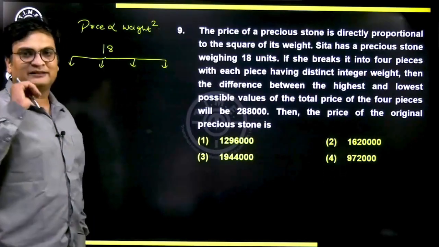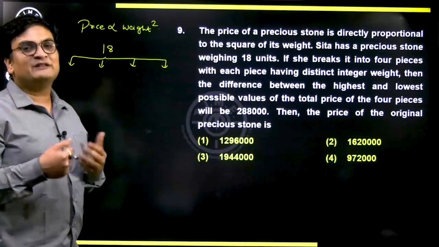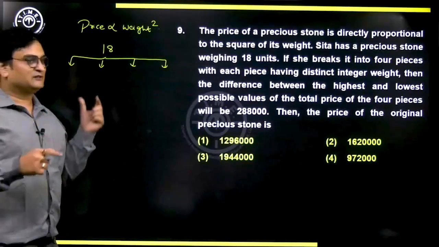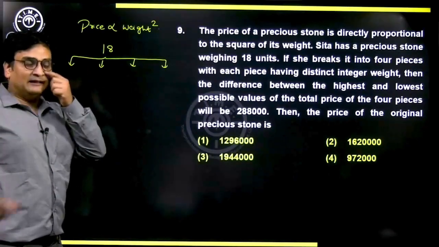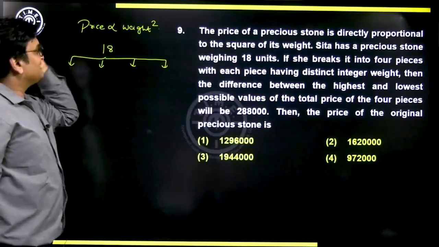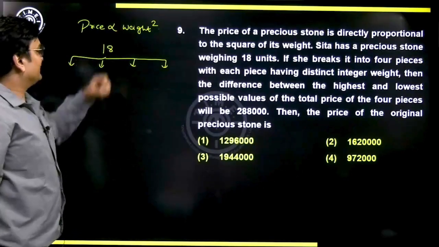Let's try to understand in which case we will have the maximum value for the sum of the values of the 4 pieces, and in which case the minimum value, knowing that price varies directly with the square of the weight.